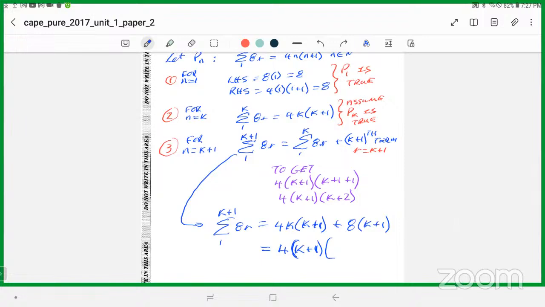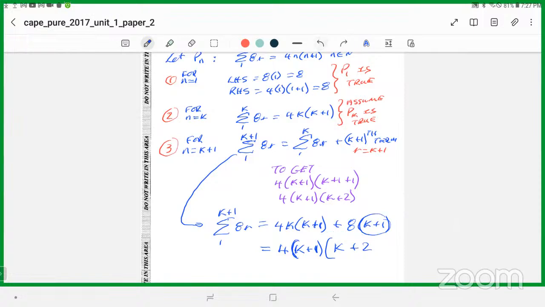It becomes just k. The 4 and the k are factored out here, so I'm left with this k inside the bracket here. And if I factorize 4 out of this 8, I'm left with 2. And the k plus 1 is factored out here as well.